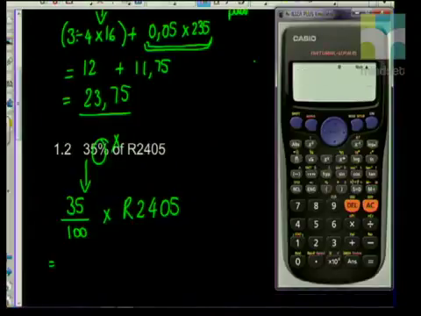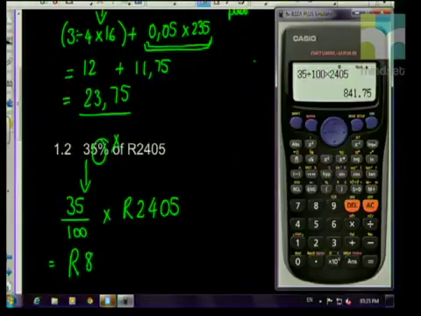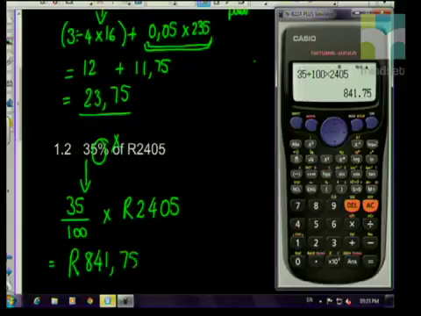I would then say 35 divided by 100 times by 2405, and make sure it's in decimal form so I can write it as money, and it should give me 841 Rand and 75 cents.